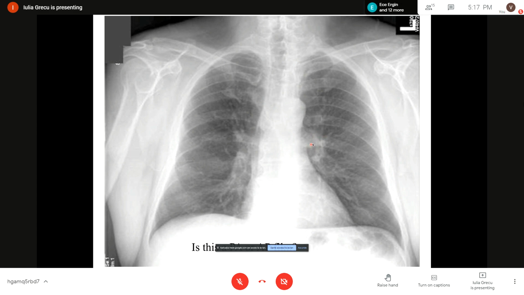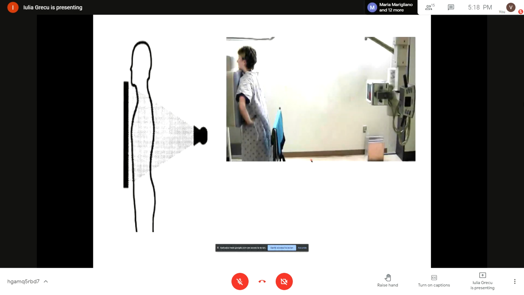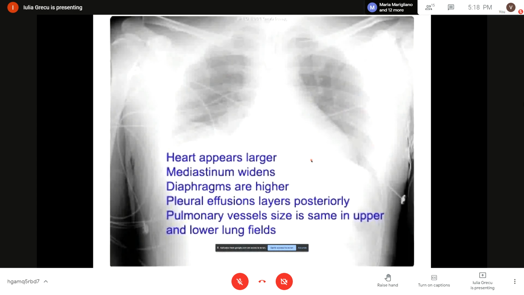And these areas are the hilums, because there are a lot of opacities that are projected one on top of the other, behind the clavicles and behind the diaphragms. In order to have a better view and to eliminate any doubt of some kind of pathology in these areas, we can also do a lateral view.